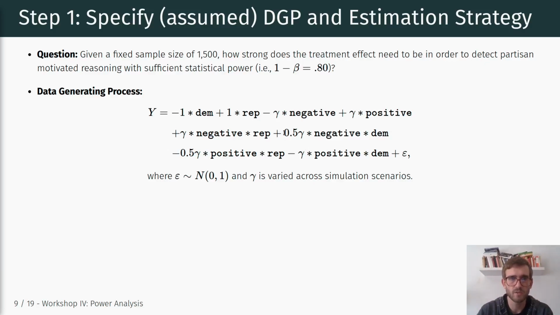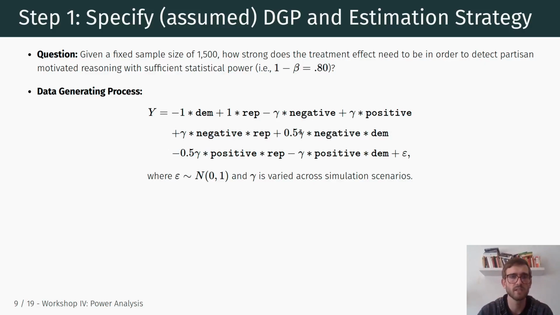And then in addition, we have two additional parameters that are not really central to our key question of interest, but these are basically the interaction of the crossed negative treatment and Democrats and positive treatment for Republicans, right?